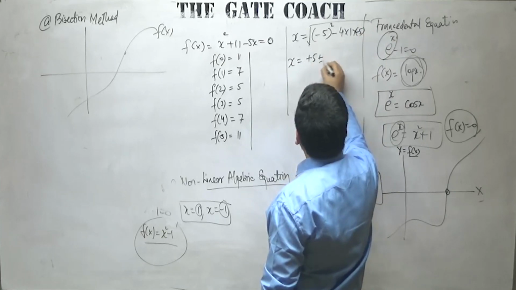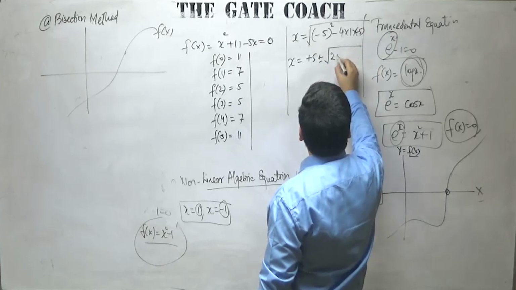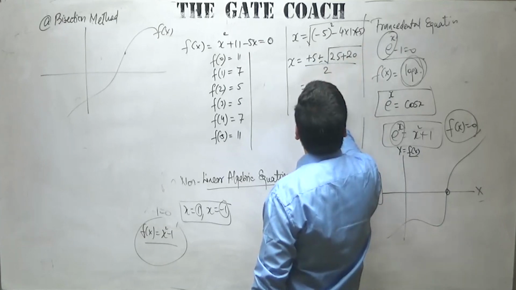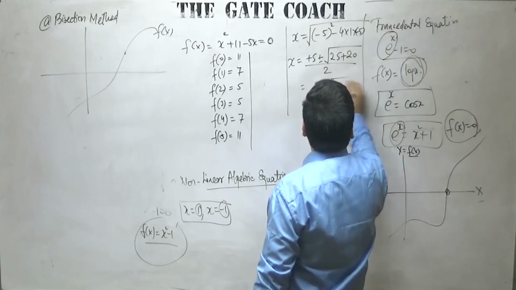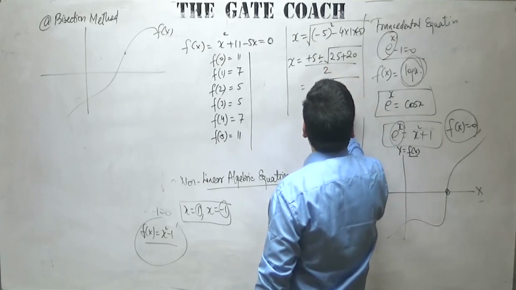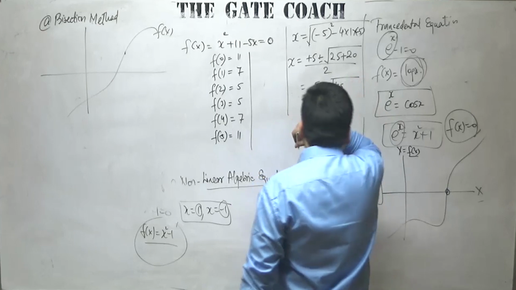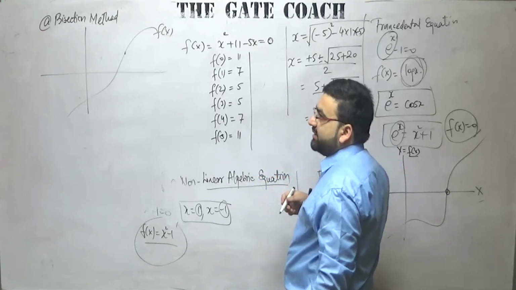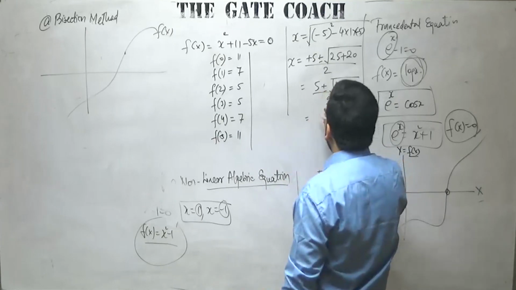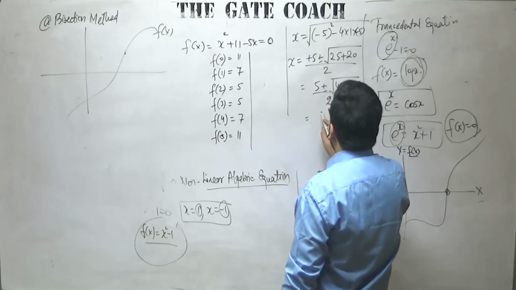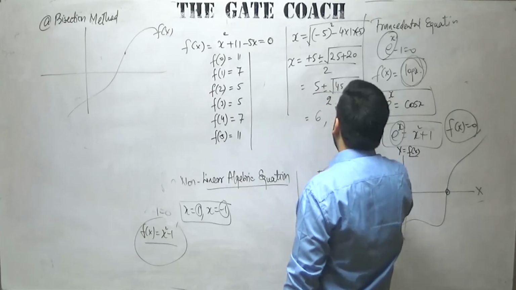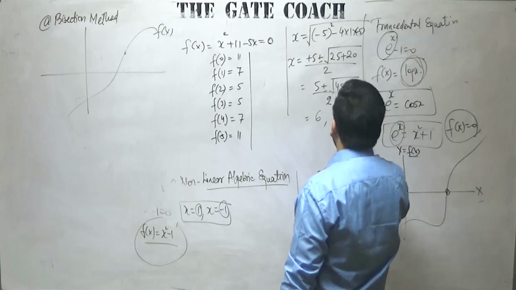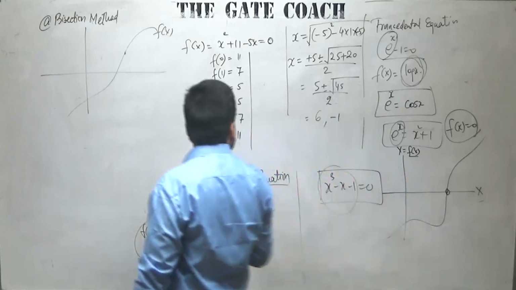That is 5 plus minus under root of 25 plus 20, divided by 2. It will be nearly 5 plus minus under root of 45 divided by 2. Under root of 45 is nearly 7. So it can be 6 or it can be minus 1.